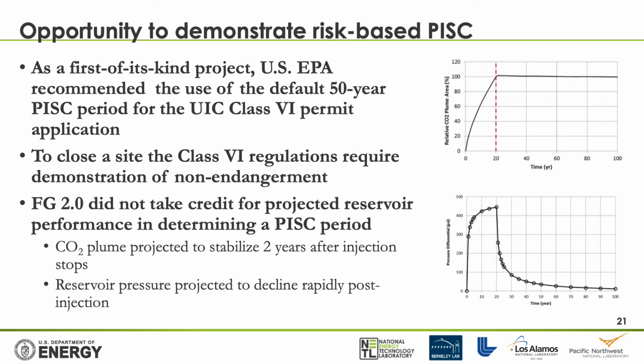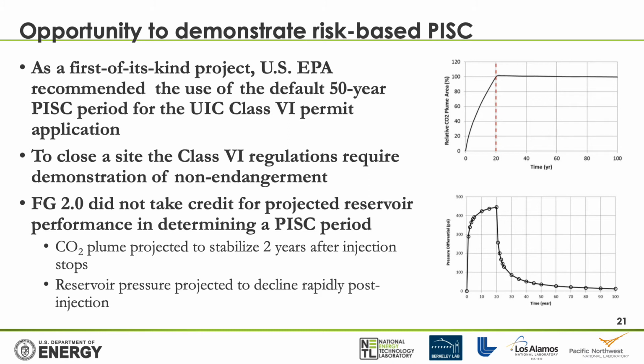We also used this analysis to demonstrate determination of a risk-based post-injection site cure period. As a first-of-its-kind project, the US EPA recommended the use of the default 50-year post-injection site cure, or PISC period, for the underground injection control Class 6 permit application. To close a site, the Class 6 regulations require demonstration of non-endangerment.